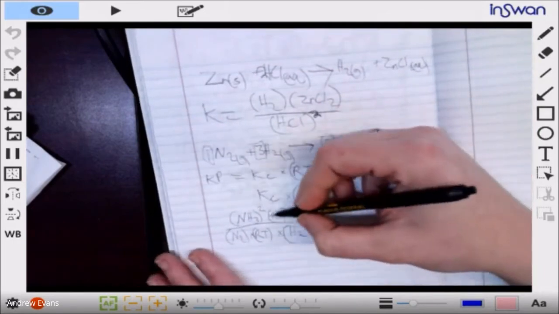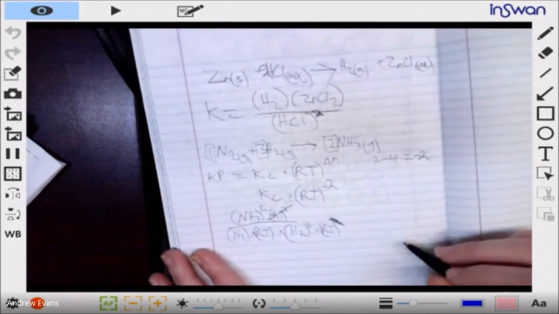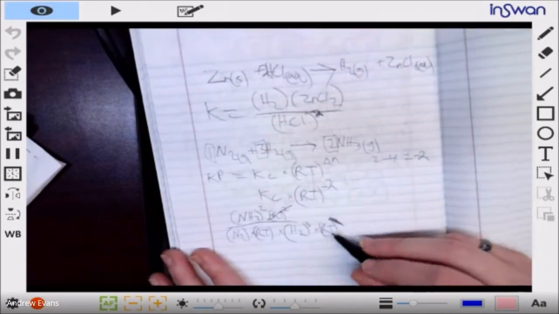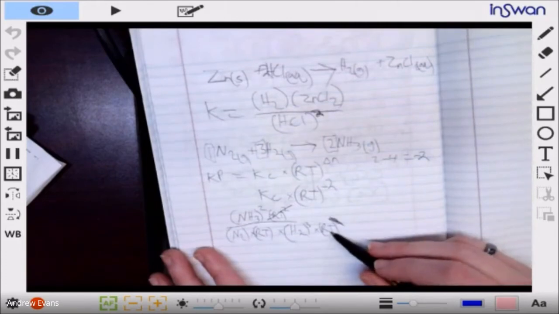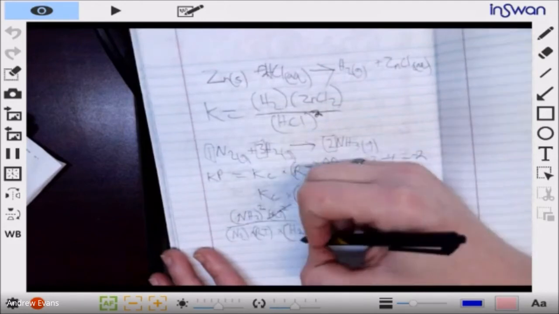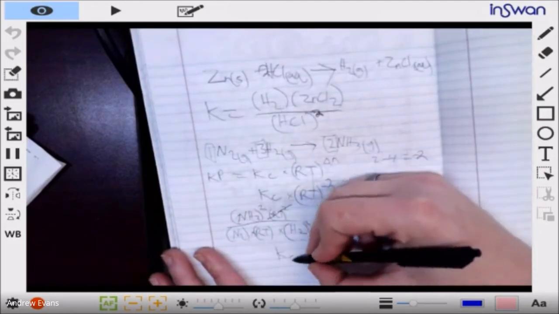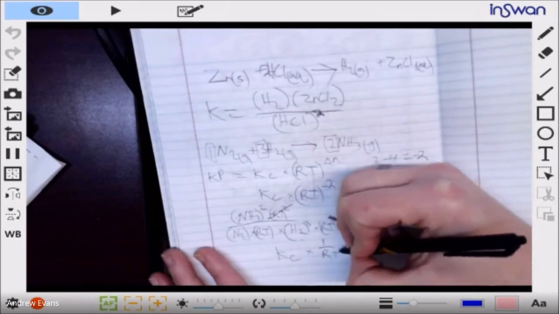Working at that, RT squared cancels with 2 out of the 3 of RT cubed. RT times RT becomes RT squared. So if this altogether makes up our Kc, we're saying Kc times 1 over RT squared.